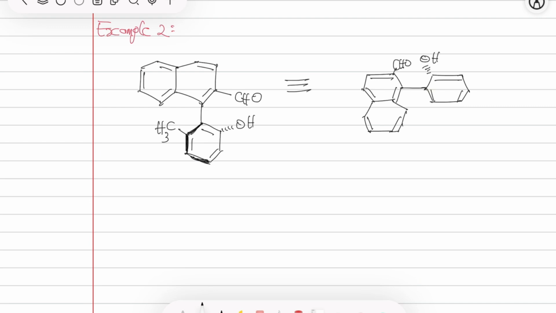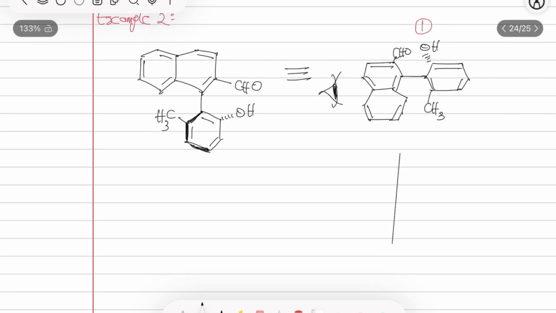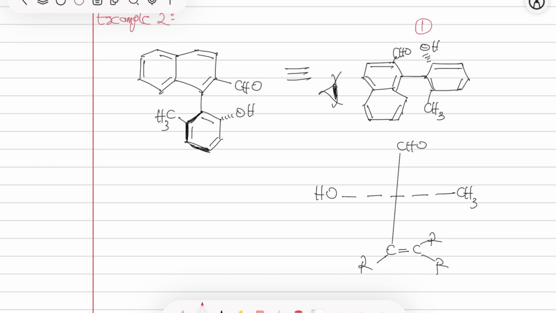In step 2, when viewed in the direction of the first biphenyl ring, we have the substituents in the first ring in the vertical axis, while the substituents in the second ring are represented in the horizontal axis with a dotted line.